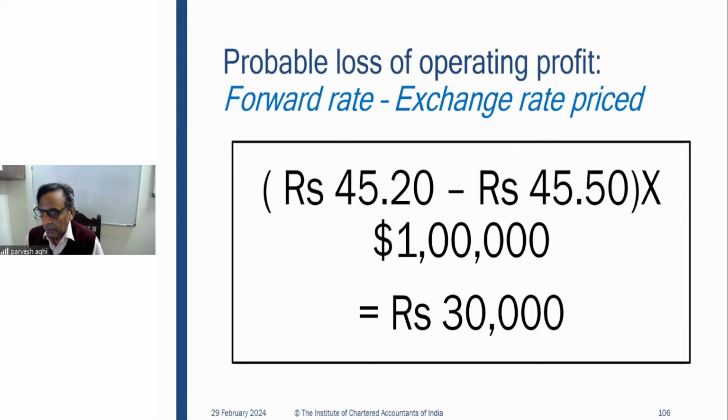So here we are not going to take the spot rate, but the rate at which they have priced in. Into $1 lakh, that means they are going to suffer a loss of rupees 30,000, because the forward rate is 45.20, so they will get the money at 45.20, whereas while working out their profitability in their internal exercise, they have done it on the basis of 45.50.